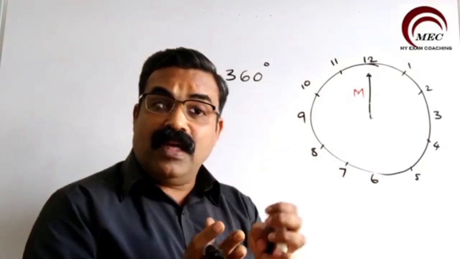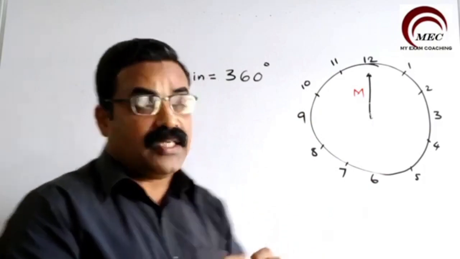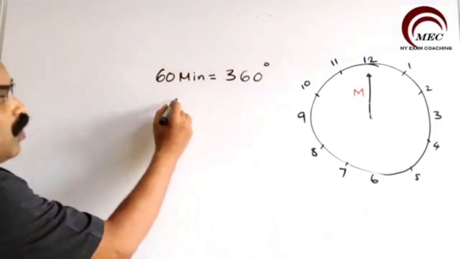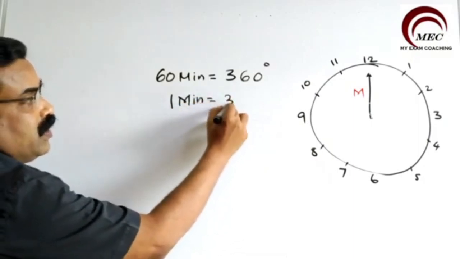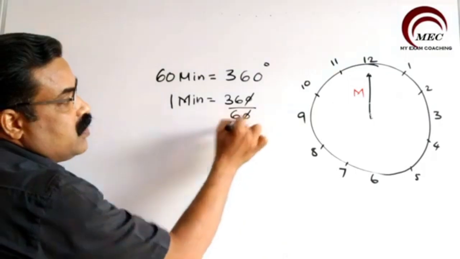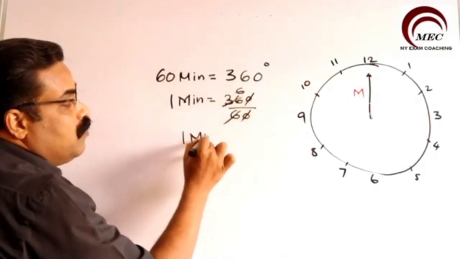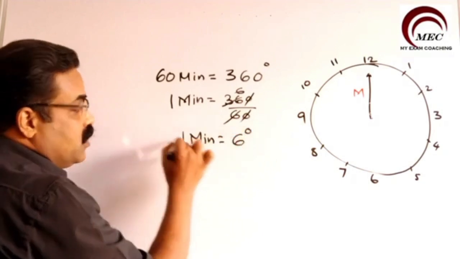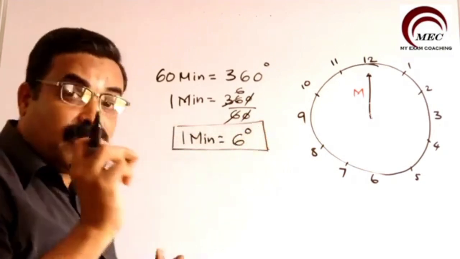From here I can work out what angle 1 minute will give. So 1 minute is equal to 360 divided by 60. I can cut the 0 and 0. 6 sixes are 36. So I can write 1 minute is equal to 6 degrees. One of the very important pieces of information, students, you have to note.